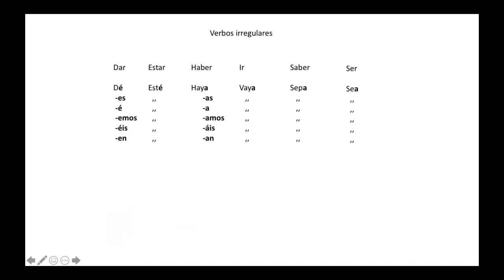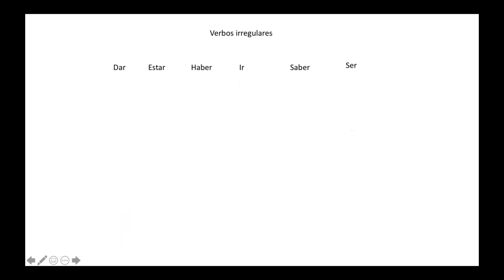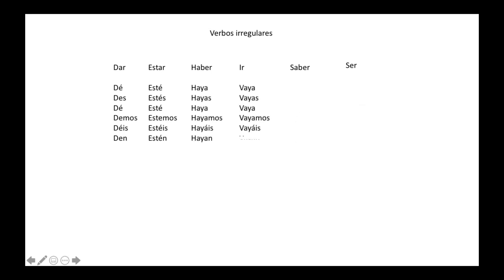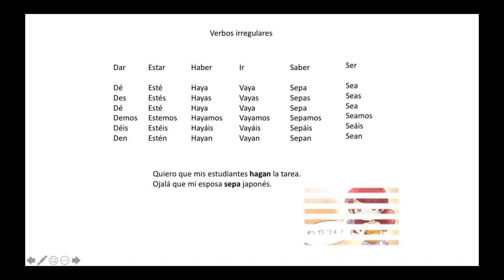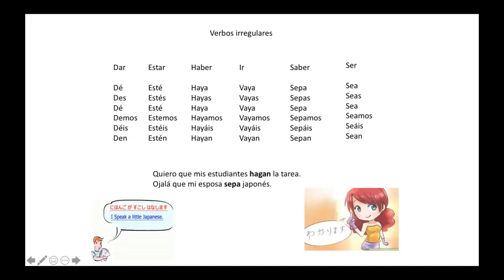No? And if you see a lot of dots here, this is an abbreviated version that I invented. I thought this is easier, but if you prefer the way the textbook shows it, that's just fine. Use this way. Okay, subjunctive form.